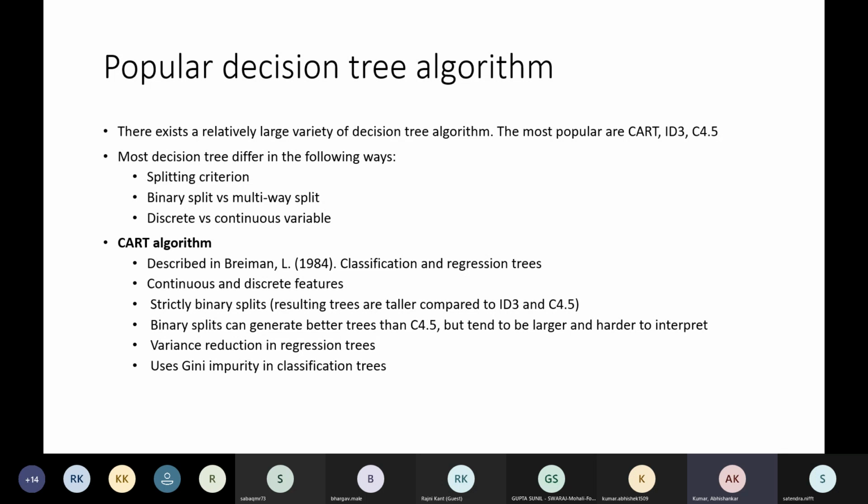This algorithm can handle both types of variables, continuous and discrete, and it works on binary splits. It does not do multi-way splits. The advantage of binary splits is that they can generate better trees compared to other algorithms like C4.5, which tend to be larger and harder to interpret.